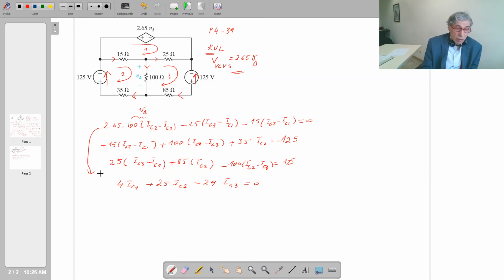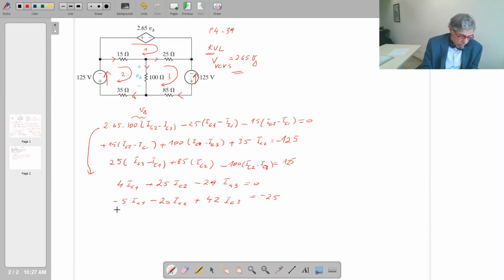The second one, minus 5IC1 minus 20IC2 plus 42IC3 is equal to minus 25.